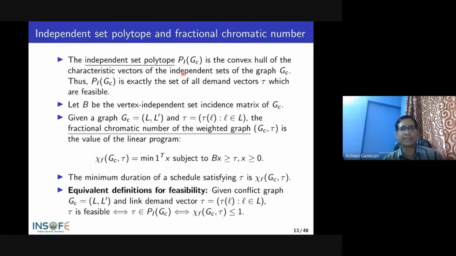But basically, it turns out that when you take this convex hull of all the characteristic vectors of all the independent sets, what you get is exactly the set of all link demand vectors tau which are feasible within 1 unit of time.